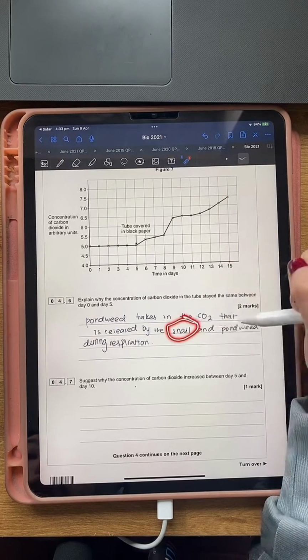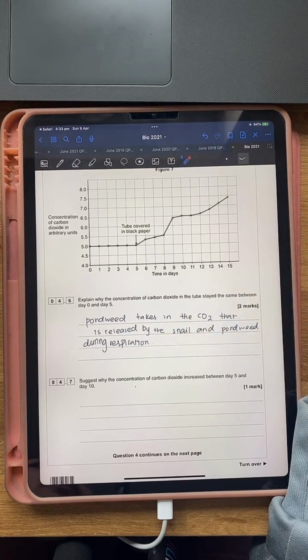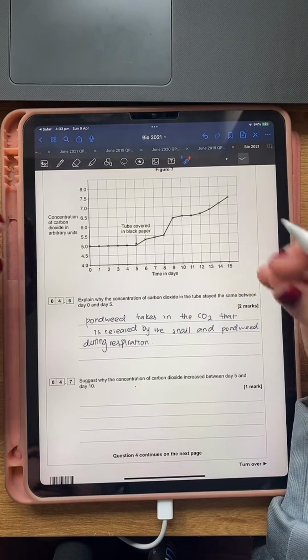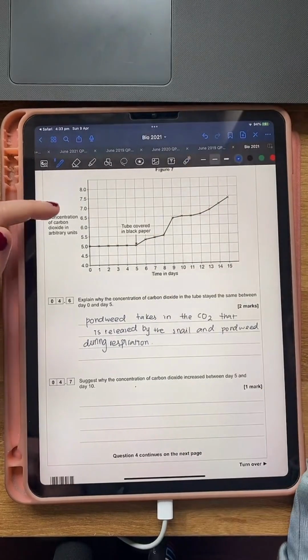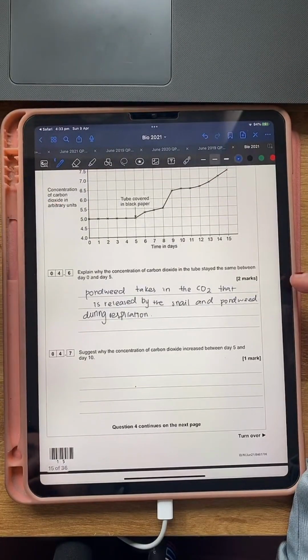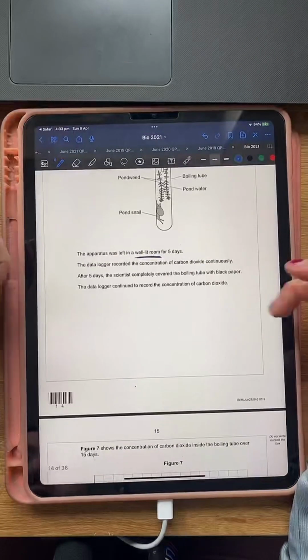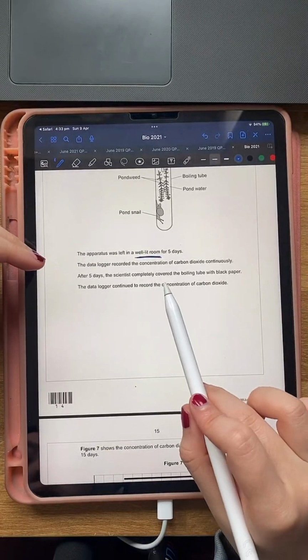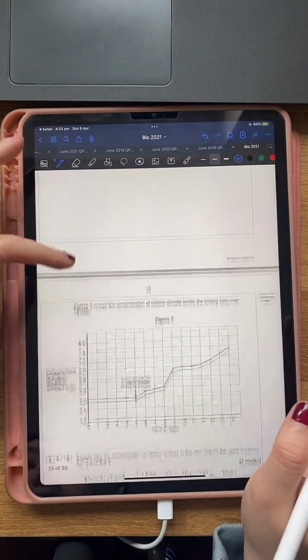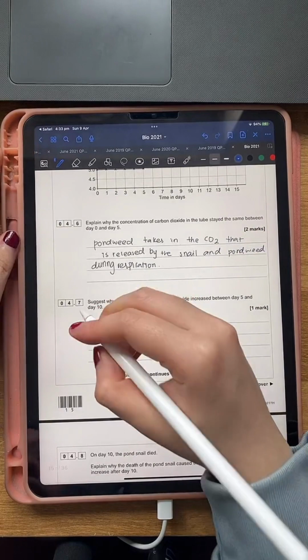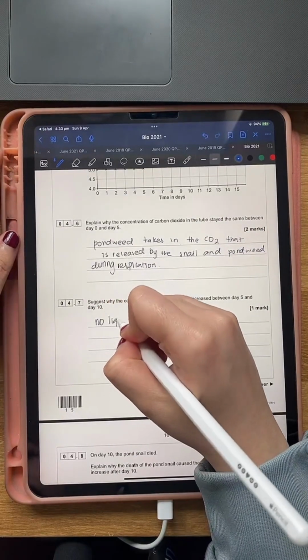Suggest why the concentration of CO2 increased between day 5 and day 10. So after 5 days, the scientists completely covered the boiling tube with black paper. That means there's no more light, so there's no light present, so no photosynthesis. But of course, the respiration still happens.